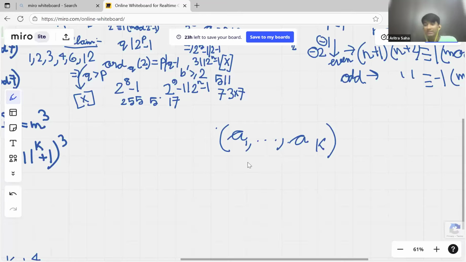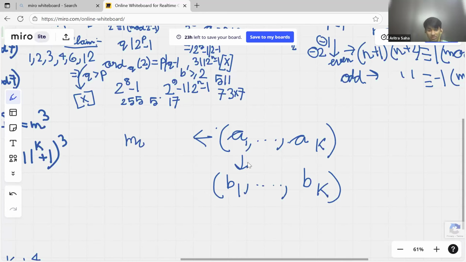From there, you show that there is another pair b1, dot dot dot, bk, which is a solution. But the point is, this can't always happen if you take this solution to be the minimal solution. This minimal idea is vague, but you can take it in quite different ways. One of the most popular ways is taking the summation of the ai to be minimal.